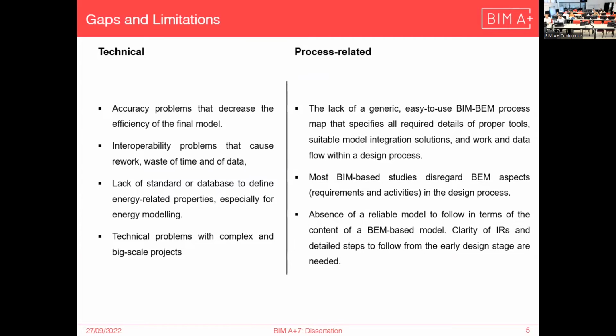Also, the accuracy problems that can decrease the efficiency of the final model. The lack of standards that can define the energy-related properties, and technical problems that arise when the projects are bigger and more complex.